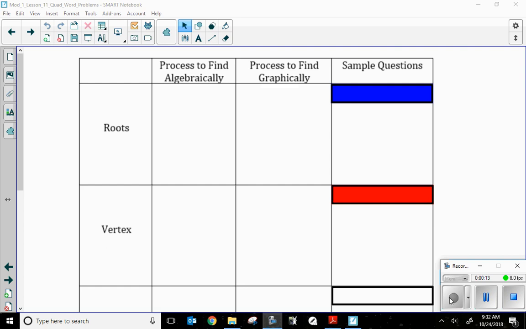Now, what we're going to focus on for Lesson 11 is doing quadratic problems, but in the form of word problems, okay? These are the type of problems you might see on the short answer part of the exam, all right?